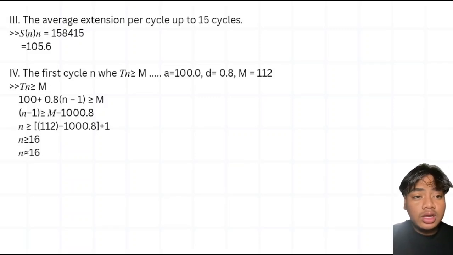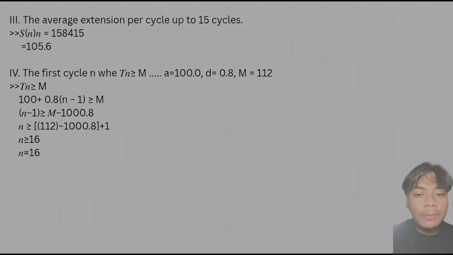So we put all inside, then make n minus 1 the subject. Then we put in the m data, then the negative 1 goes to the right hand side, then n will be the subject. So n is greater than or equal to 112 minus 100 over 0.8 plus 1. Then we get the answer n greater than or equal to 16. So n is 16.